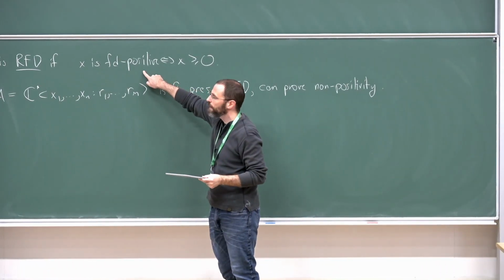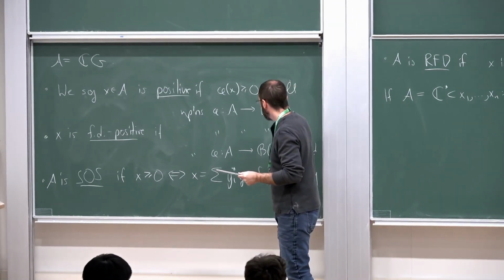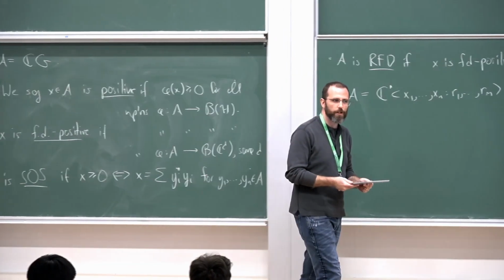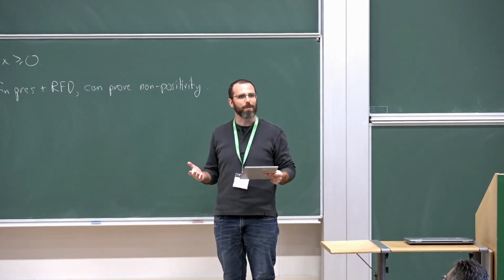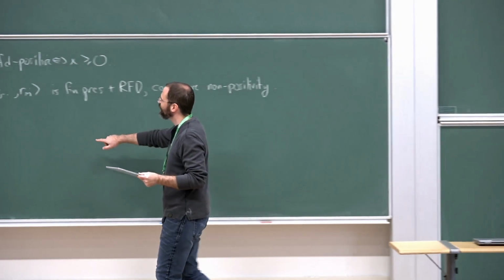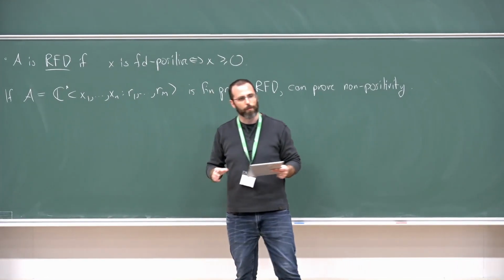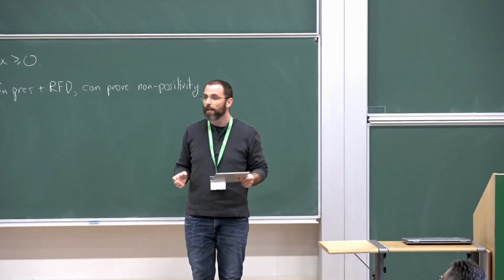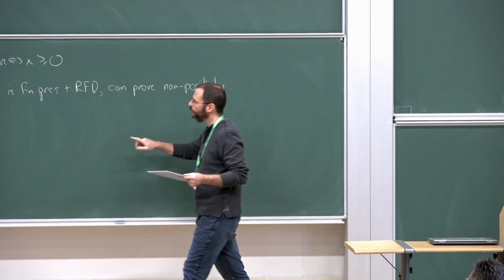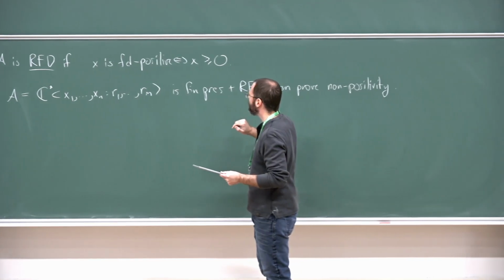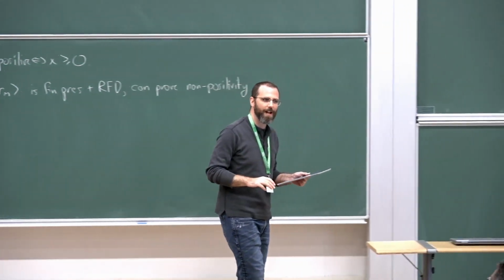Then it also has to be not finite dimensionally positive, which means there has to be some finite dimensional representation where we see that it's not a positive operator. And how do we know that something is an actual representation of an algebra? In general, that might be hard to check. But for a finitely presented algebra, a representation is just some collection of matrices satisfying the relations. So we look through collections of matrices that satisfy the relations. If we find one, or if we're given one as a proof, where all the relations are satisfied, and we see that our operator x ends up not being positive in that representation, then we have a proof that it's not positive.